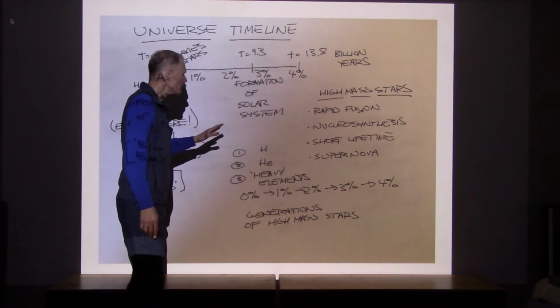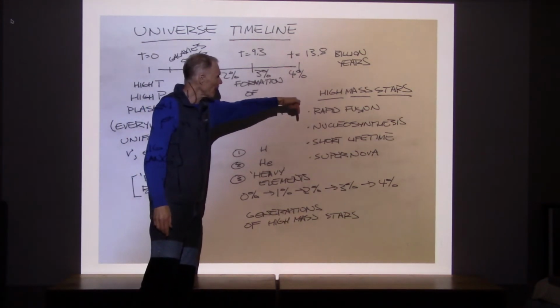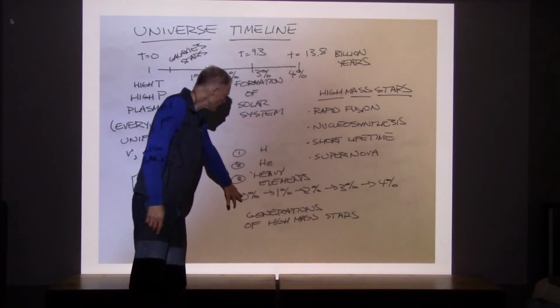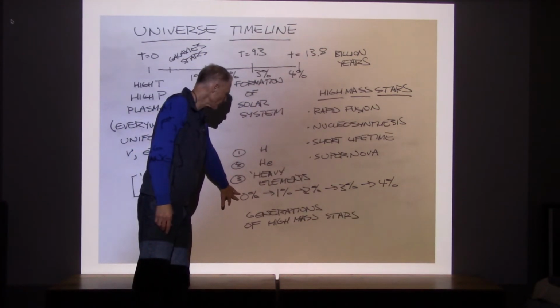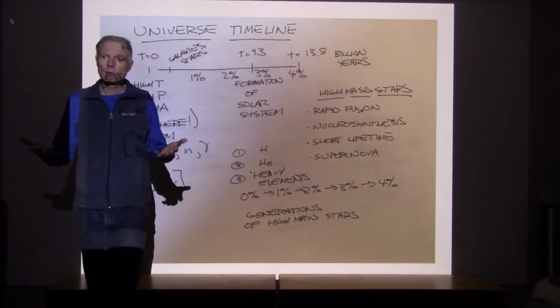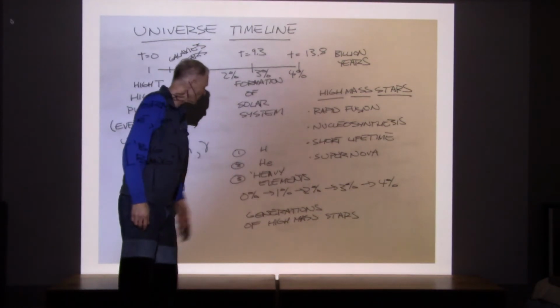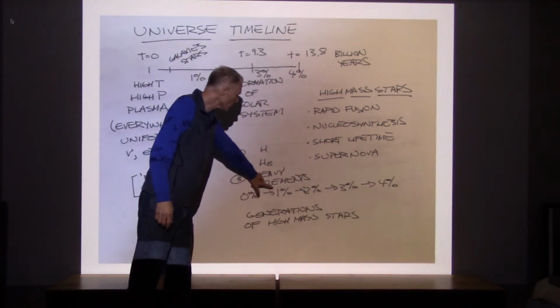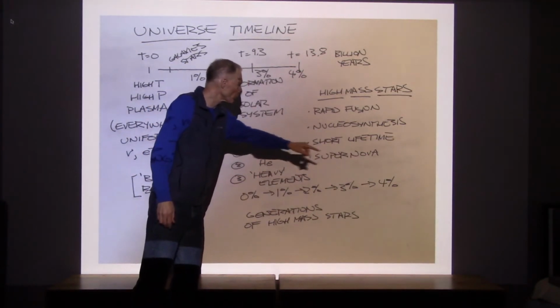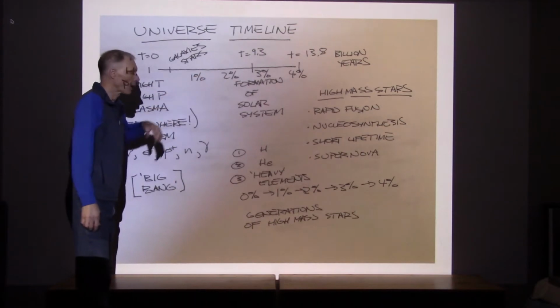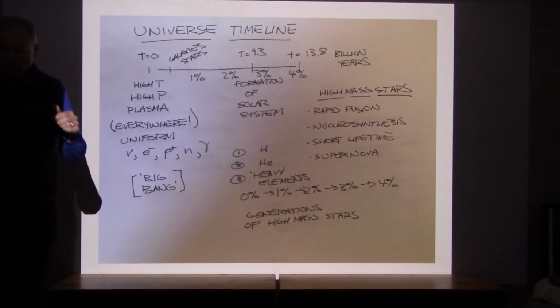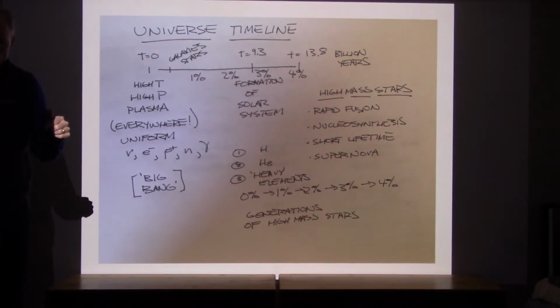So what has happened over these generations of high mass stars is that the proportion of material in these galaxies that is heavy elements has gone from about 0 to 1 to 2 to 3 to 4%. So I put those on the timeline. Generations of heavy stars come along, they fuse heavy elements, they blow up.